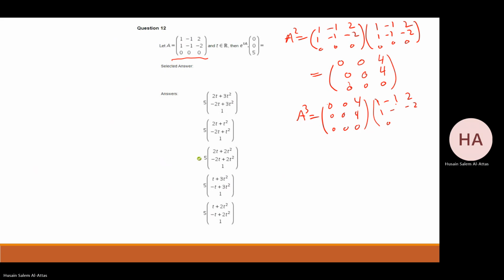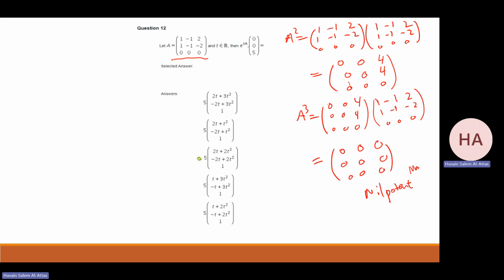This times this is 0, this times this 0, and the same thing for the rest. So it's a nilpotent matrix. What will be e to the power At?